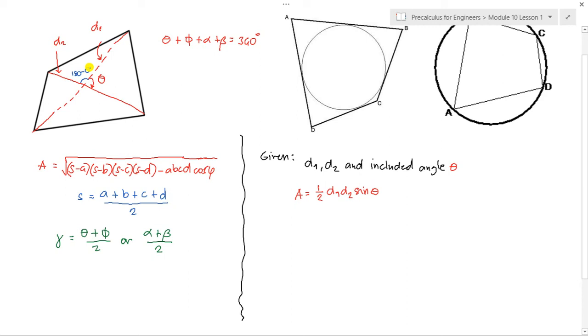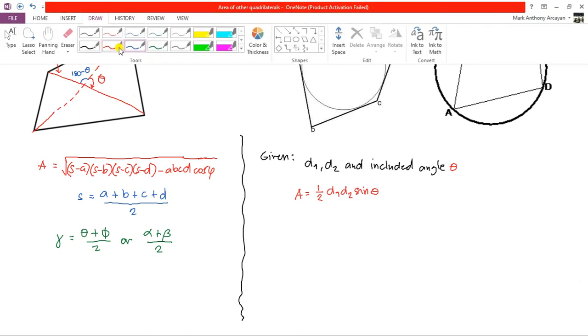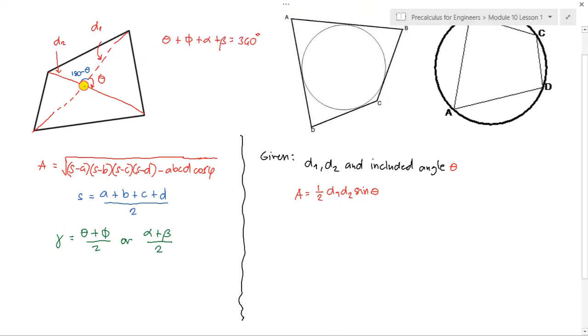Since this is a trapezoid, the measurement from this point up to this vertex is just 1/2 of d2. This is d2 all over 2, and this one is also d2 over 2, so d2 all over 2.